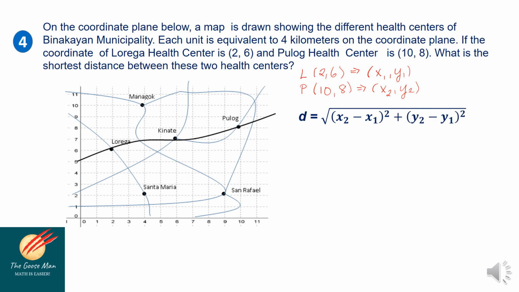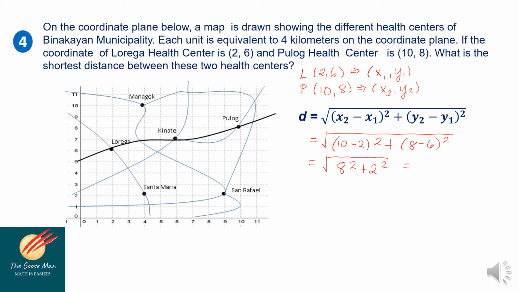Using the distance formula, we can simply substitute. We have x sub 2 equal to 10 minus 2 squared plus 8 minus 6 squared. Simplifying it further, we have 8 squared plus 2 squared.